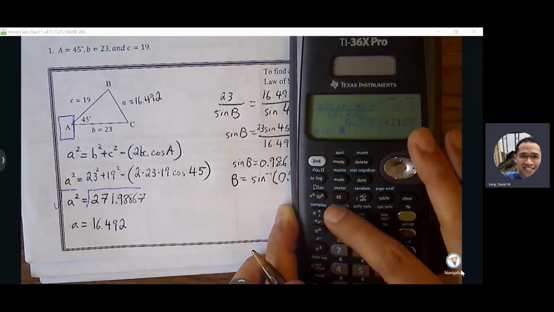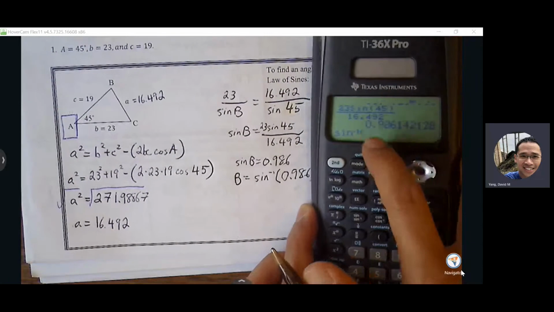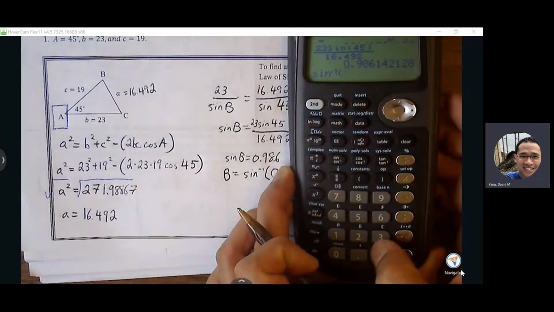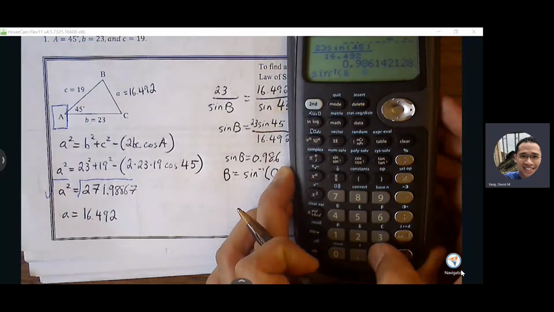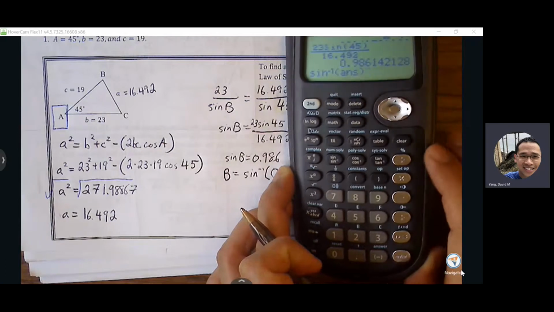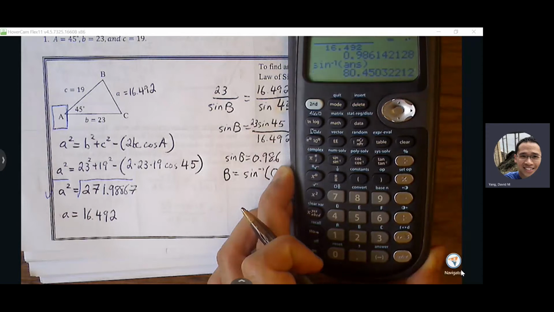You can hit sine twice, and then you can type. I encourage you guys to use the second answer feature. If we do second answer, it'll pull the previous entry, which is going to have more accuracy because it's going to take in all those values. Angle B is 80.45 degrees.